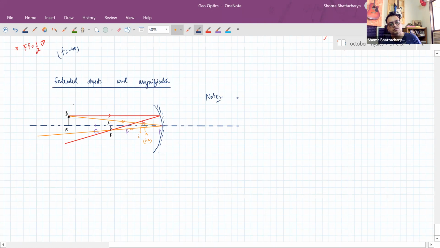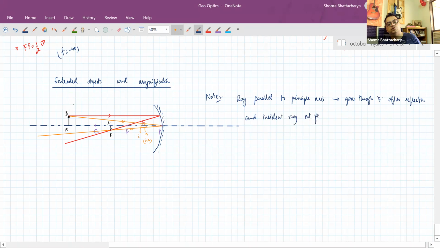So an incident ray parallel to the principal axis goes through the focal point after reflection. And an incident ray at the pole.